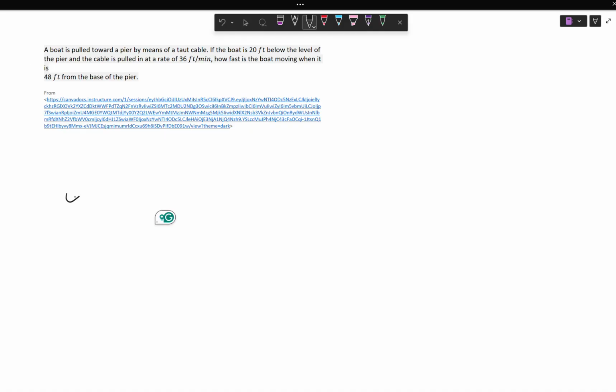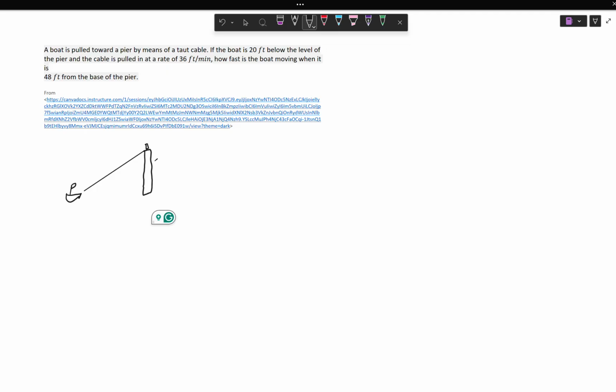So we have a boat right there, and it's being pulled towards by a cable. I would assume it would be like this. If the boat is 20 feet below, I don't know how a pier looks like, so I'll assume it's a lighthouse.